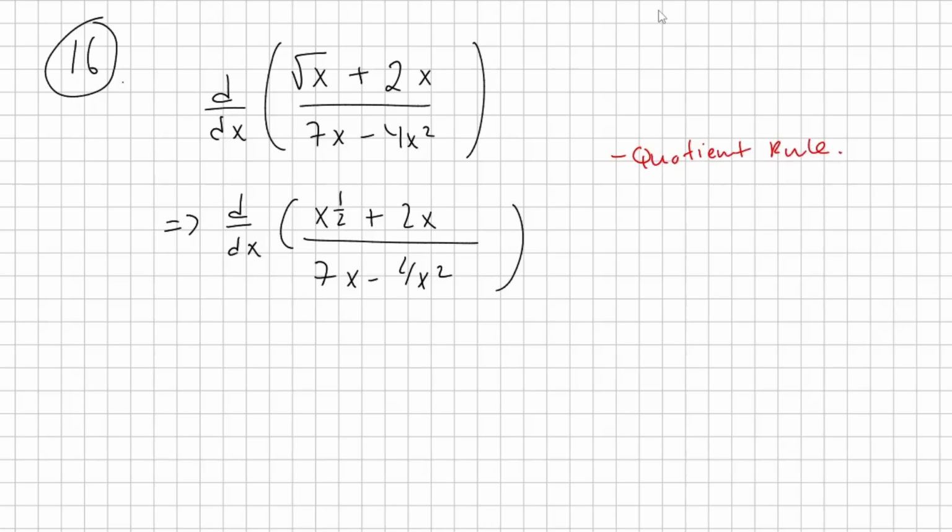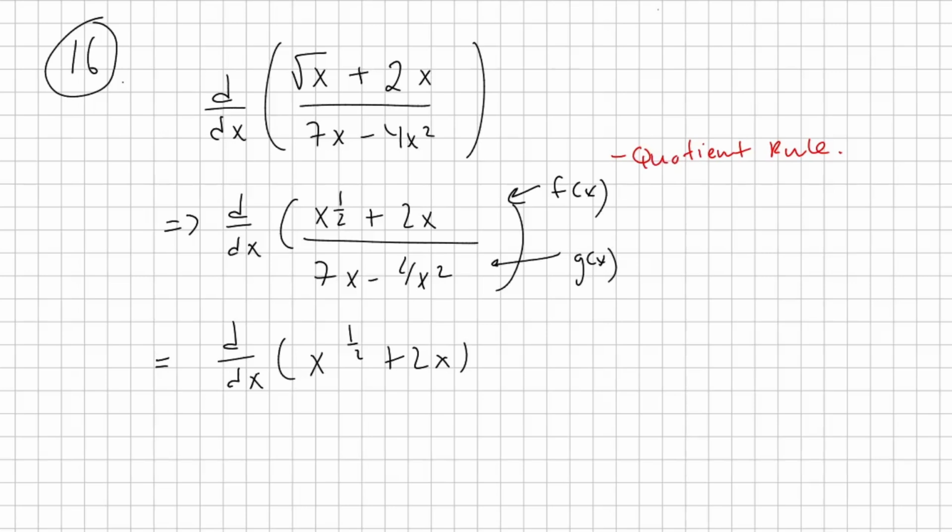Alright, so this is basically going to be equal to the derivative of the top, so it's going to be d over dx of the top part, which is x to the half plus 2x. I forgot to do this: this is my f of x, this is my g of x, by the way.